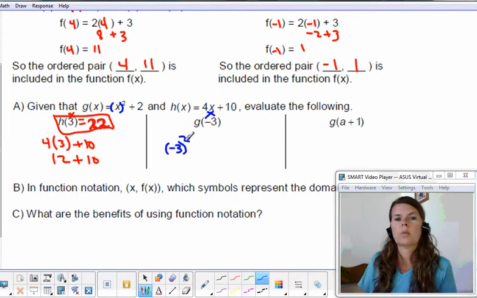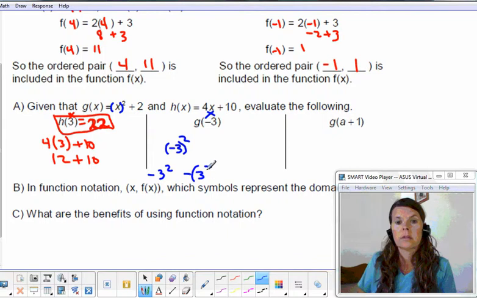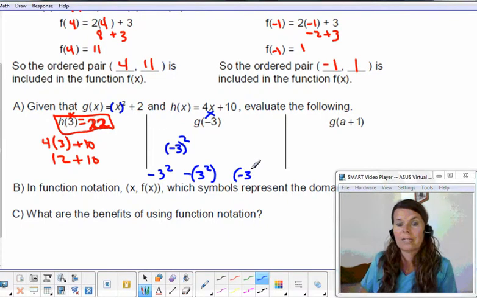Now it's really important, especially on your calculator, that you put it in parentheses, because -3 squared really means the negative of 3 squared, if you don't put the parentheses in the right place. And this would be -9. But what we're trying to do is take the x, which is -3, multiply it by itself, so it has to be -3 times -3, which would be a +9, not -9.